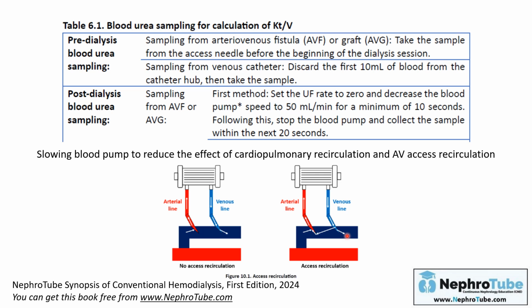We will mention these details later in chapter 10, but this will affect the urea level while we are sampling, because rewashing of the blood will give a sample of blood with a very low level of urea, which will overestimate the KT over V. So slowing the blood pump to 50 ml here will decrease the rate of recirculation and allow accumulation of urea, which will give a more accurate blood urea level by cancelling this effect of recirculation.